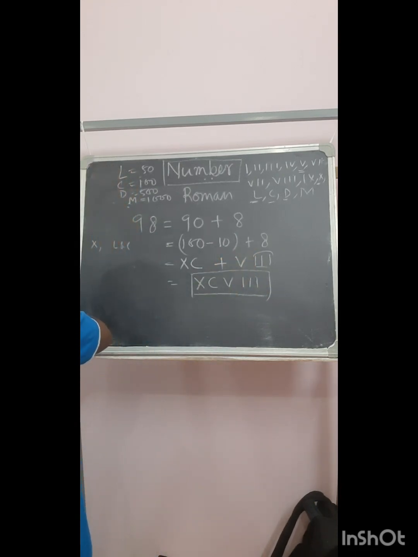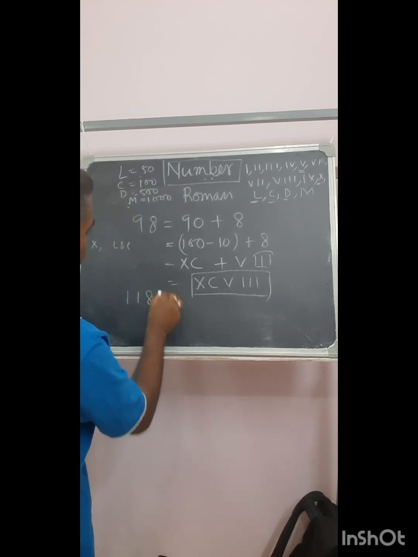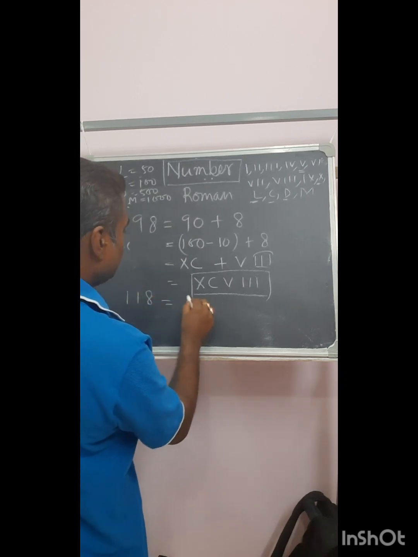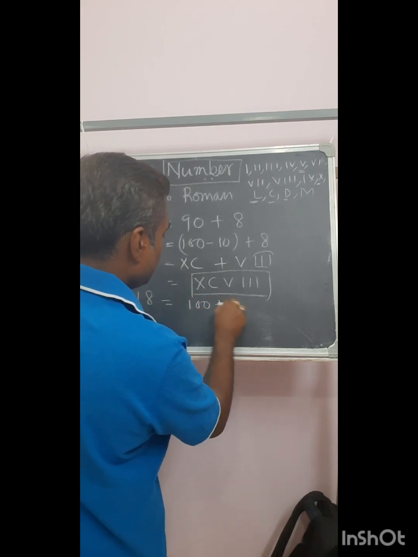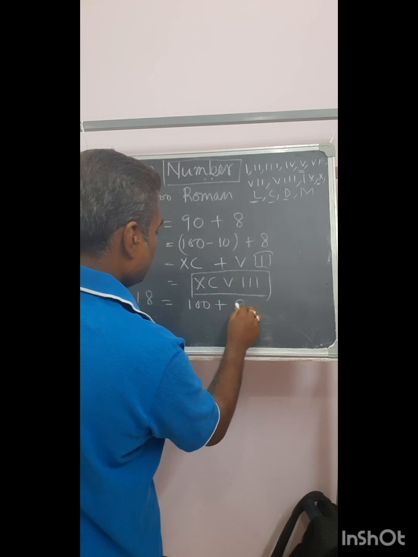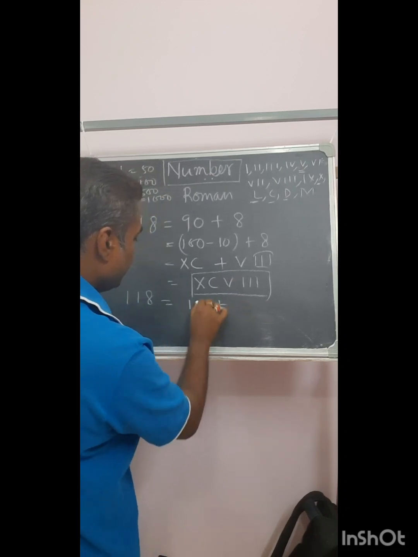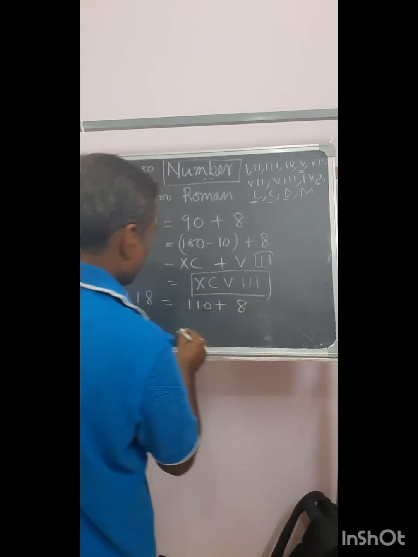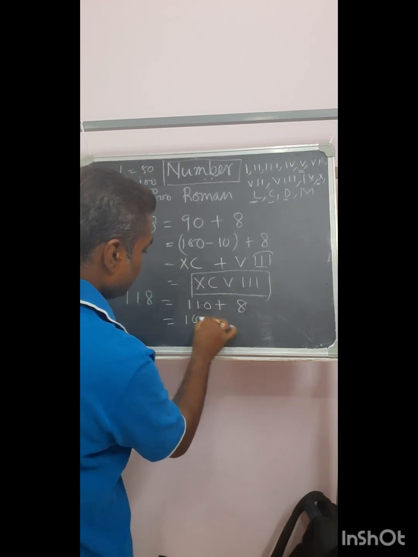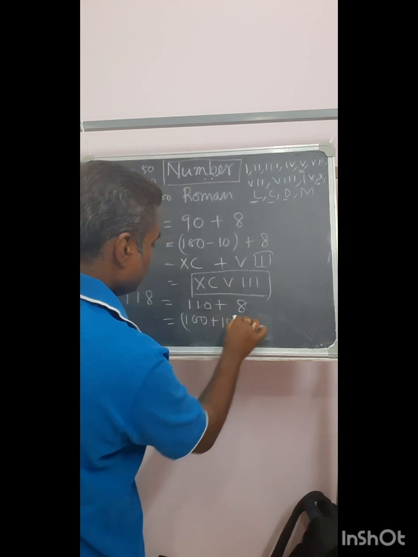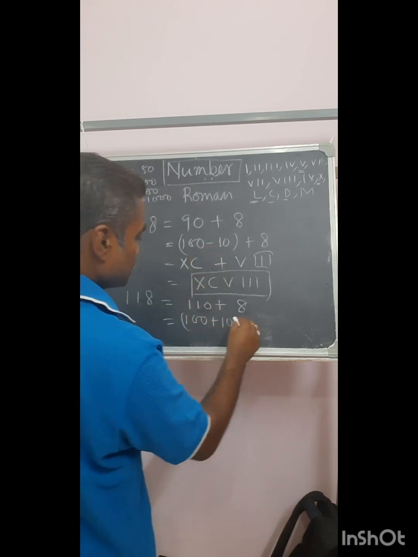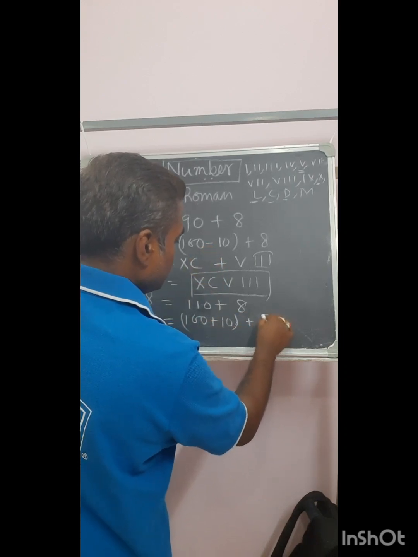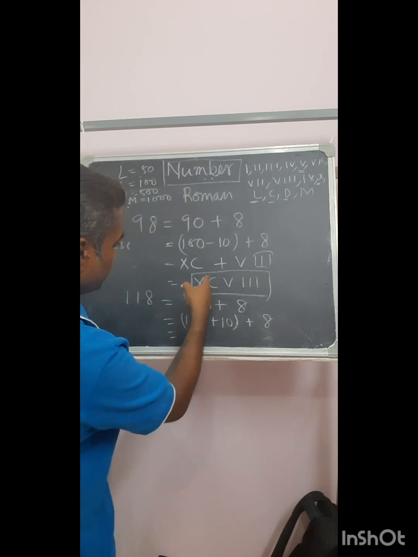In a similar way, if I take another example where I need to represent 108, this is just the reverse, that's why I am taking this example. This is 100 plus 8, or 110 minus... rather 110 is nothing but 100 plus 10. Why am I showing this example? Because earlier there was a minus, now there is a plus, so something must change.